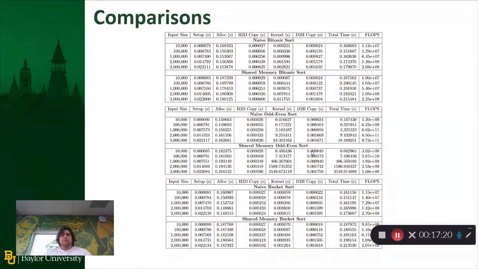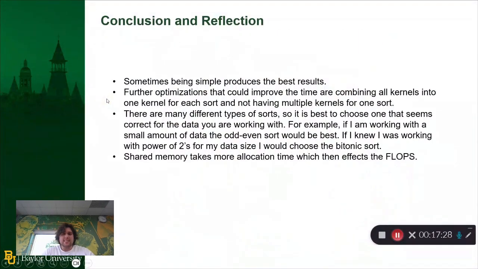And so the conclusion that I came to, which we can just go ahead and skip to, is that sometimes being simple produces the best results. We don't really need that optimization there, because being simple means we're doing it correctly, and that means it's still really efficient, as you can see from this data.